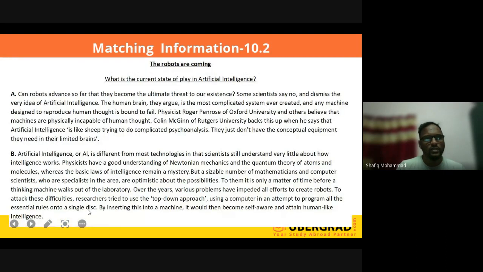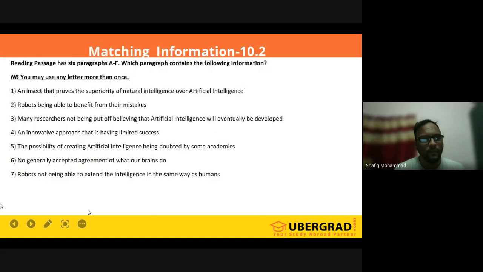So human-like intelligence is what it's talking about. So let's compare. Human-like intelligence and insect? No, he's not talking about the insect. Robots being able to benefit from their mistakes? No. Maybe yes.